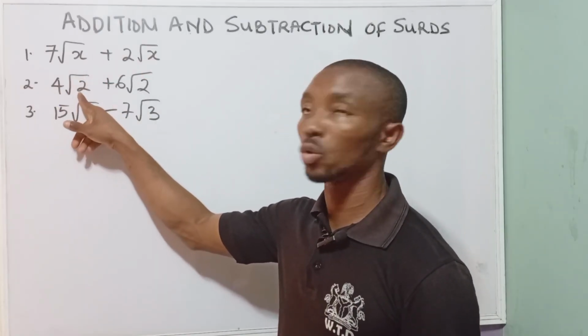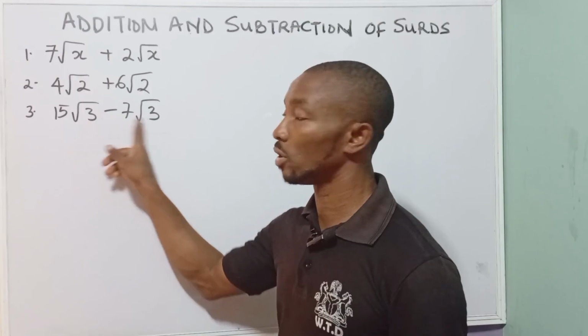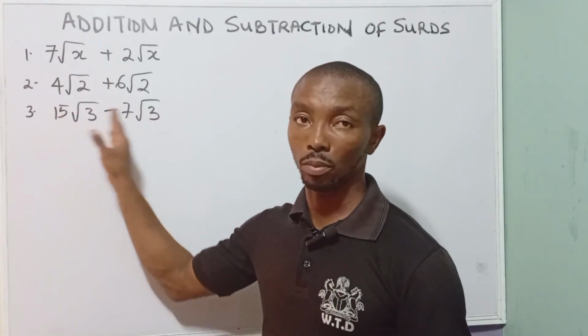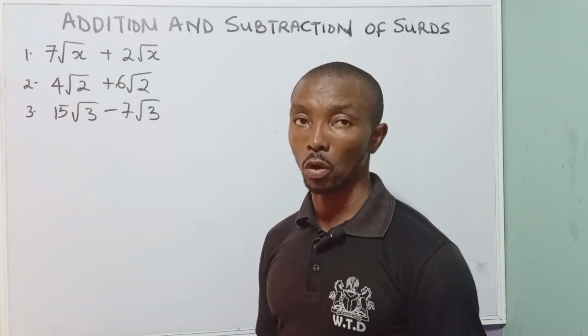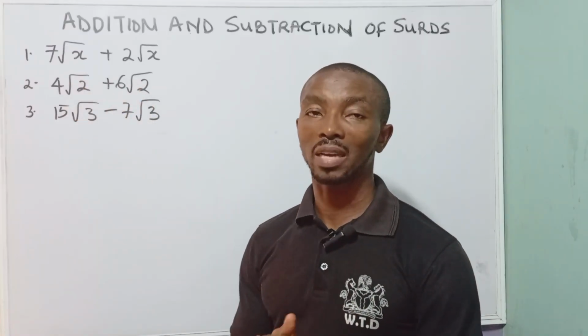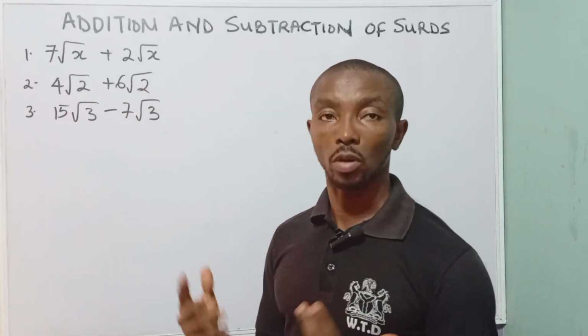Example 2, we have root 2 and root 2, root 3 and root 3. If these root signs are not the same, then you can't add up the surds. But if they are the same, then you can add up.